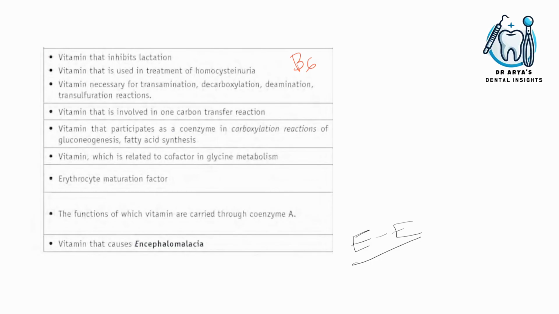Then the vitamin that is involved in one carbon transfer reaction is tetrahydrofolate of folic acid. And the vitamin that participates as a coenzyme in carboxylation reactions of gluconeogenesis and fatty acid synthesis is biotin.